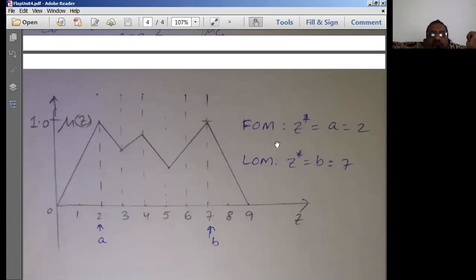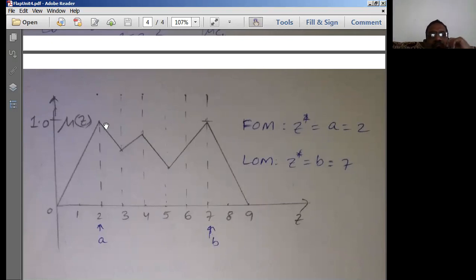So first of maxima Z star is equal to. Now, how do we find this value? What is the first max? There are so many maximum values of these membership functions. Now, what is the first of maximum among these three? This is the first of maximum.